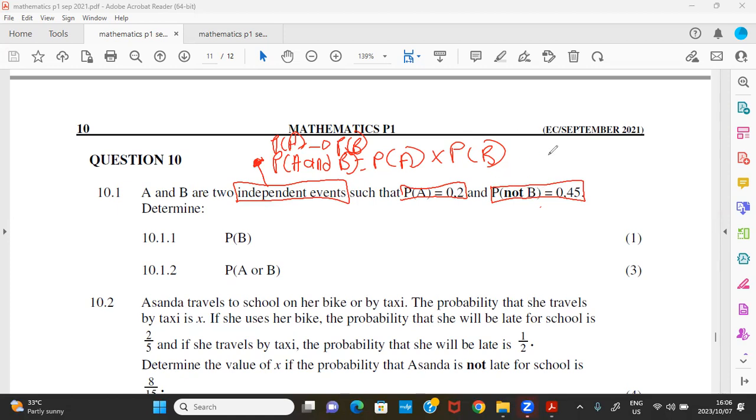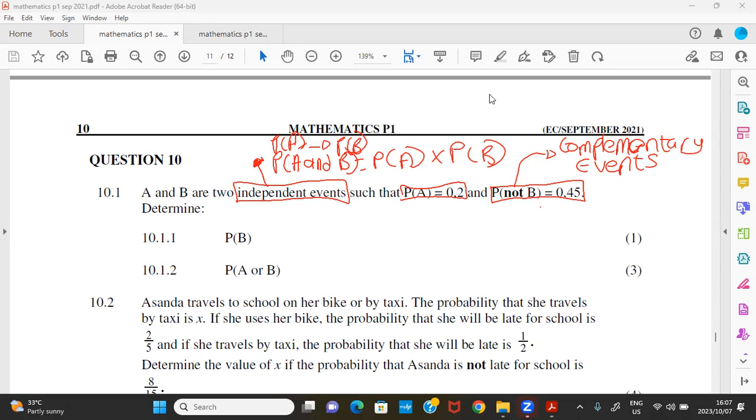The probability of an event not happening is now a complementary event, which will lead us to the complementary rule. So let us jump into 10.1.1.